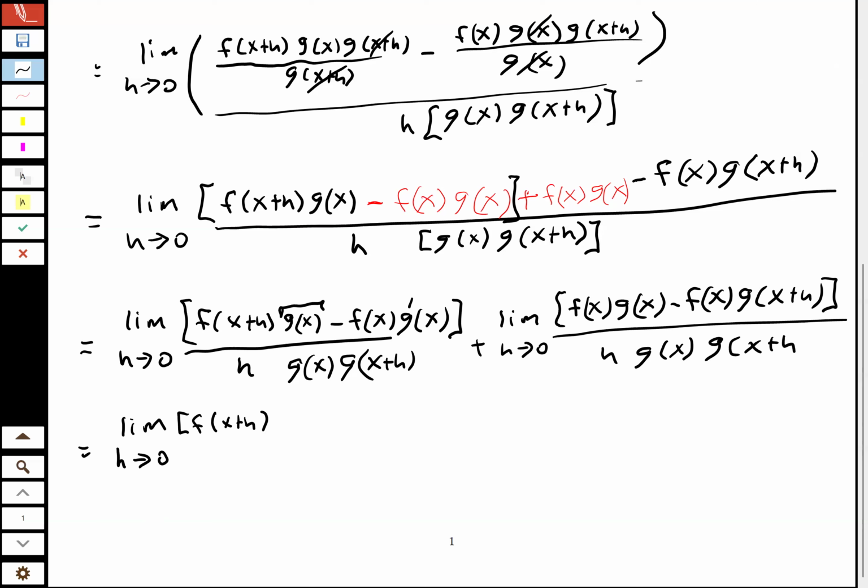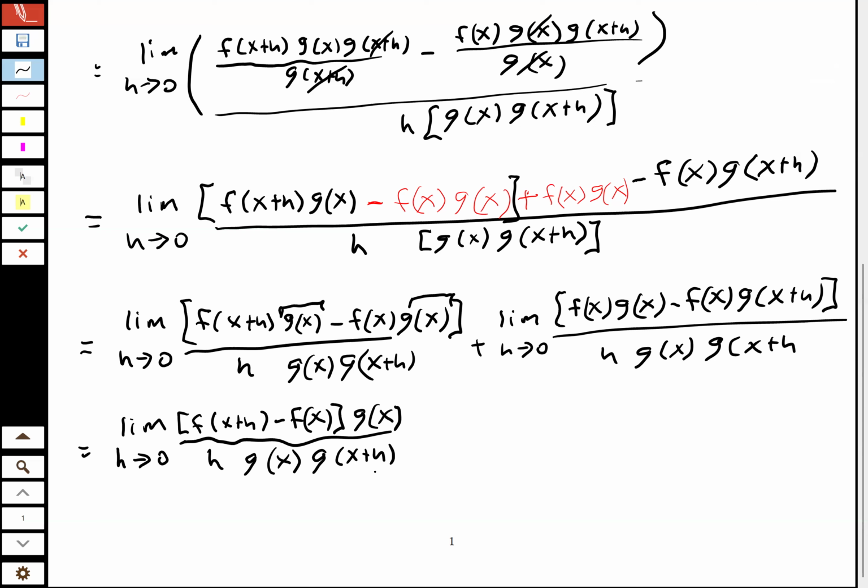These both have g of x. So I have f of x plus h minus f of x times g of x here for that first piece. And let's see what this looks like for the other one. And this is all over h times g of x plus h.